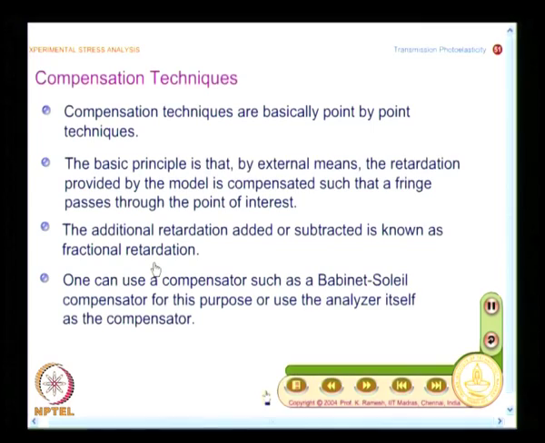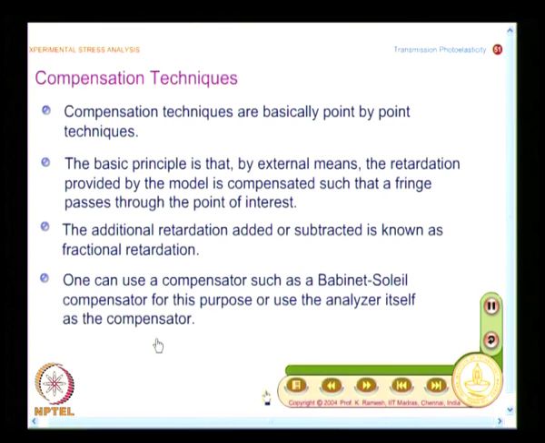So, the fractional retardation will have a sign, and you have to find it out precisely, and there are many compensation techniques available. One can use a compensator such as the Babinet-Soleil compensator for this purpose, or one can also use the analyzer itself as a compensator.